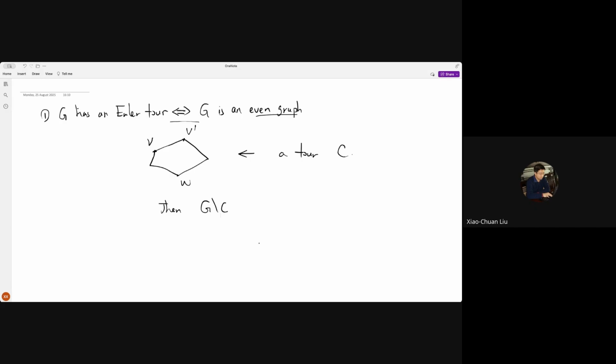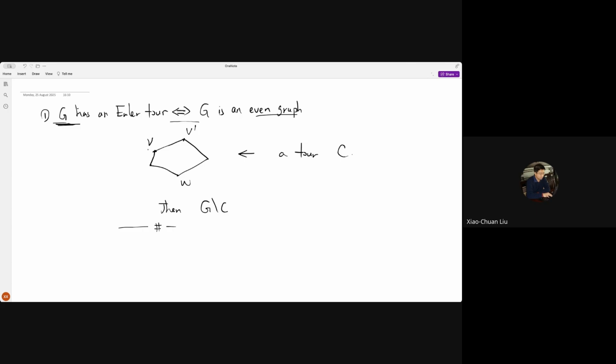A tour does not really have a starting point. You start with v, and you can also think of this as starting with v prime. So all the tours can be unioned together into one tour. The difficulty really is how to write this. I will leave this statement as an exercise for you to practice.